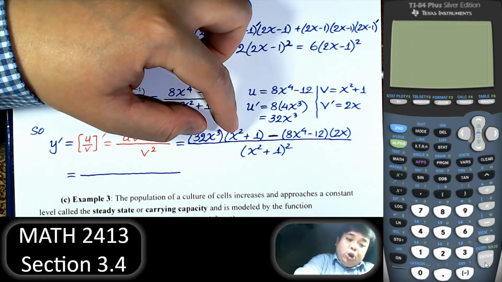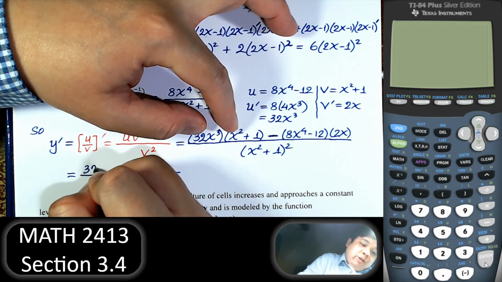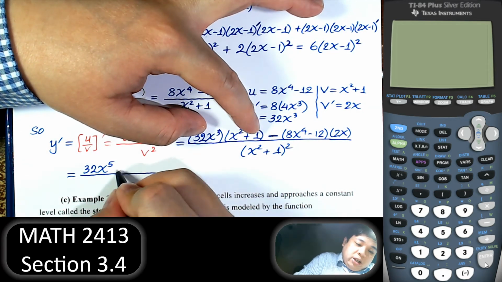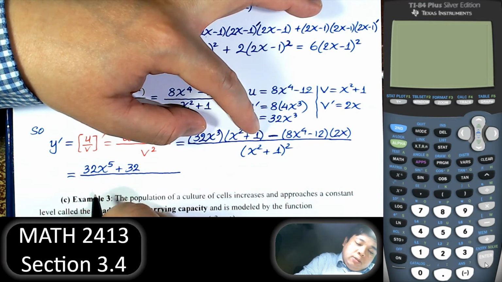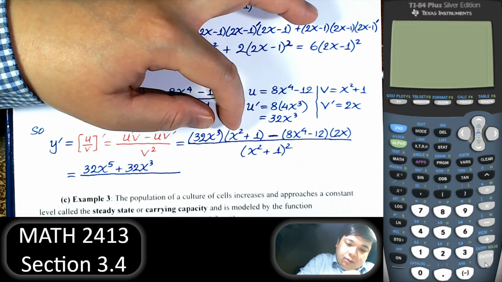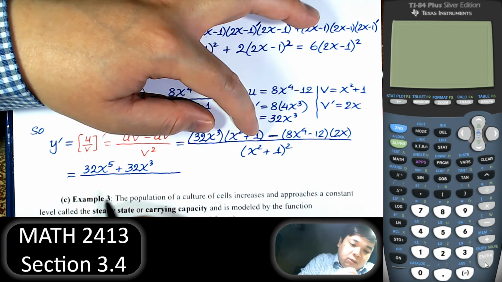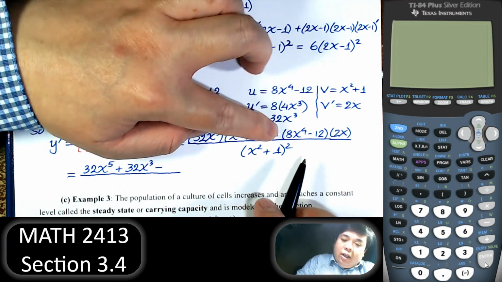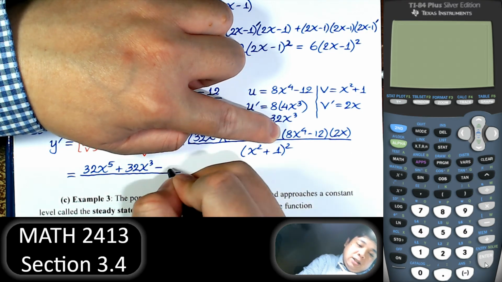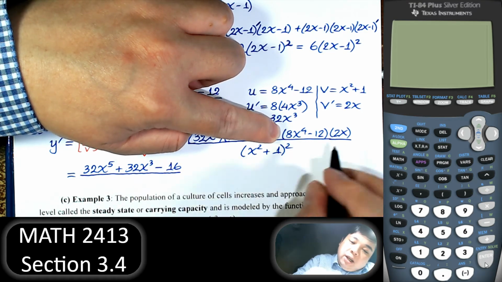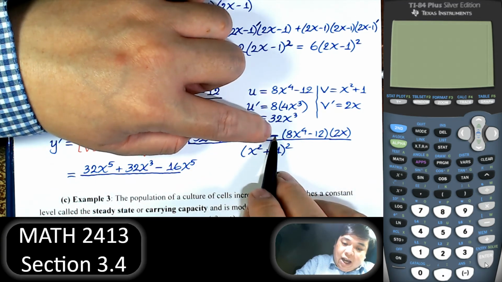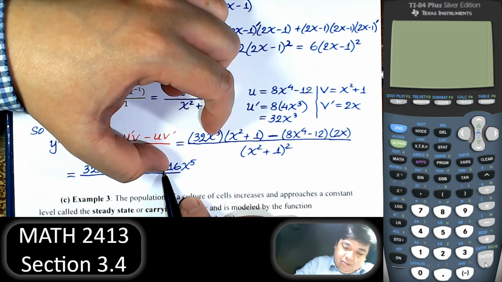So 32x cubed and x squared, that's 32x to the 5th, plus 32x cubed, minus, right, 8x to the 4th times that will be 16x to the 5th, right? And make that negative.